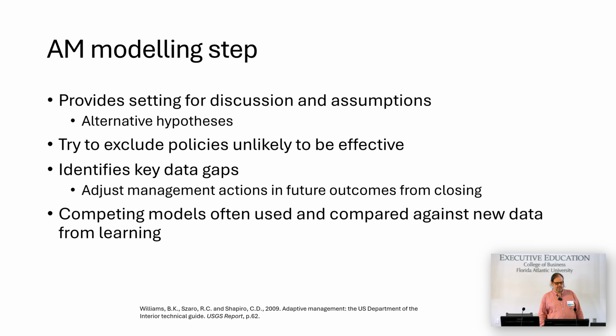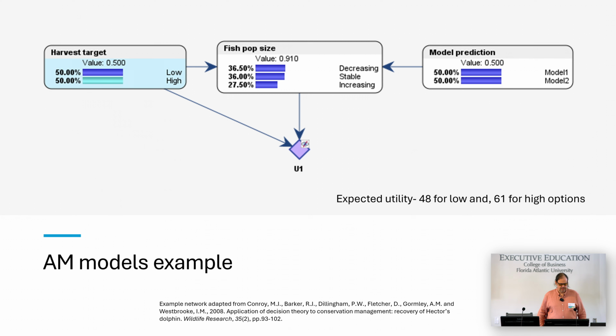We use it to identify what the key uncertainties or data gaps are, and design the monitoring and adjust management actions to close those data gaps. And competing models are often developed and used to compare against new data from learning. And so I found a cool example in the literature of a kind of meta Bayesian network model for adaptive management modeling.